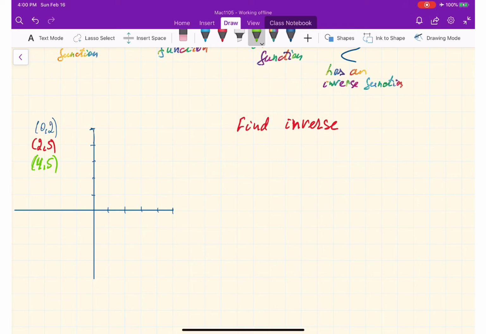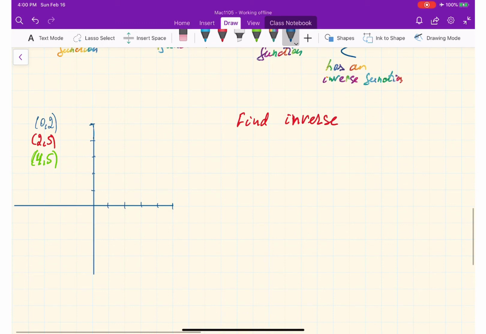Okay, so let's build the graph. So 0 and 2, 1 and 2, it's right here. And then the next point is going to be 2 and 5. This is 2. Okay, I'm sorry.